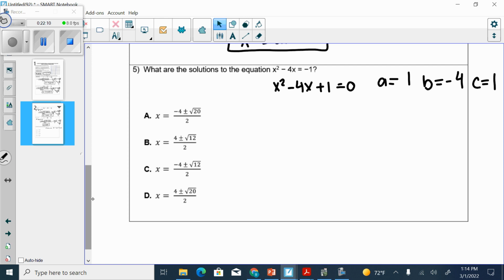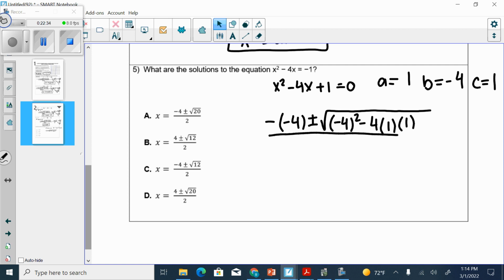The formula is -b. What's our b? So I've got -4 plus or minus the square root of b squared. So for us, that'll be -4 squared minus 4 times a. What's a? And c? All over 2 times a, which we said was 1.